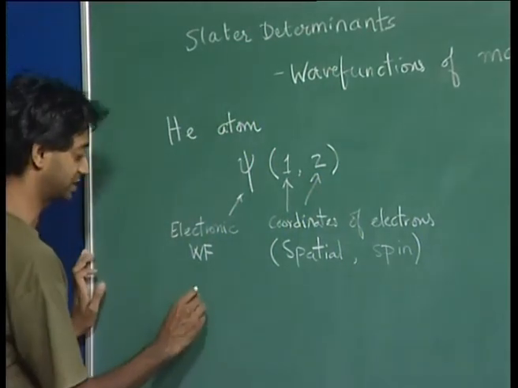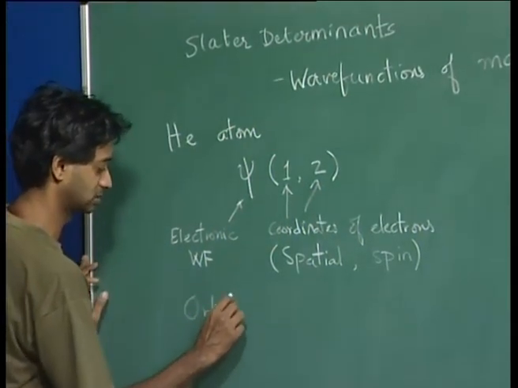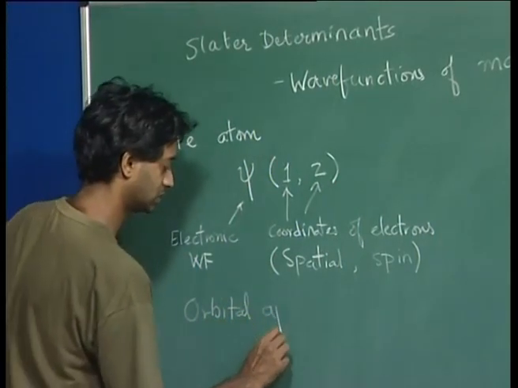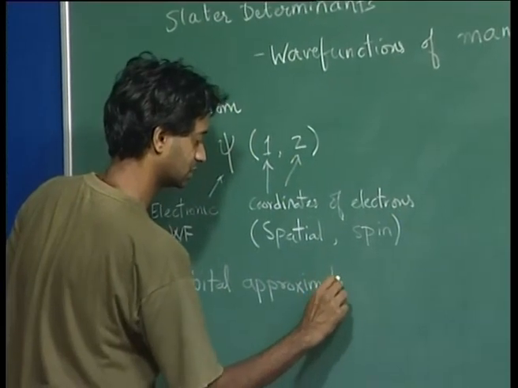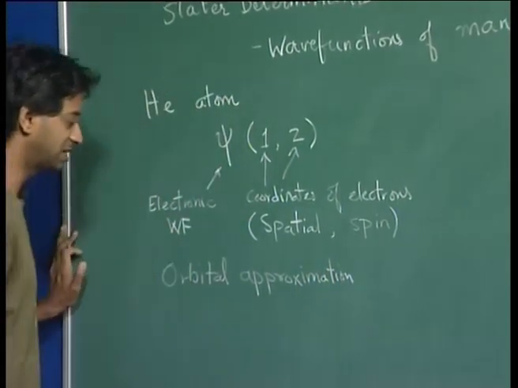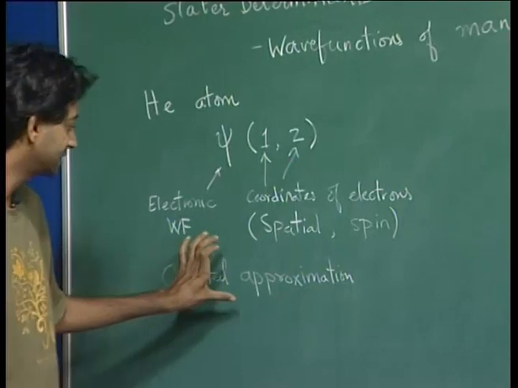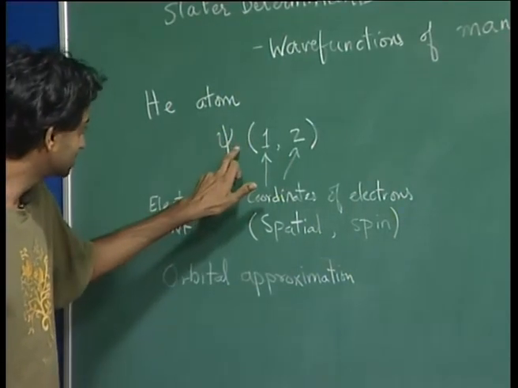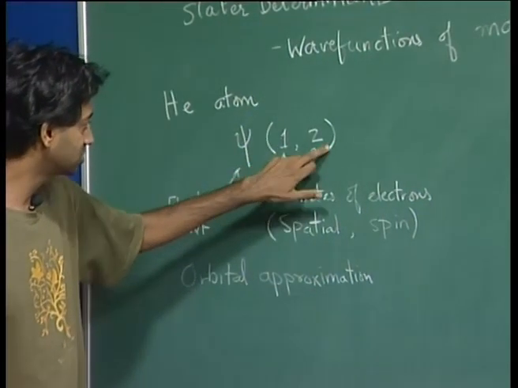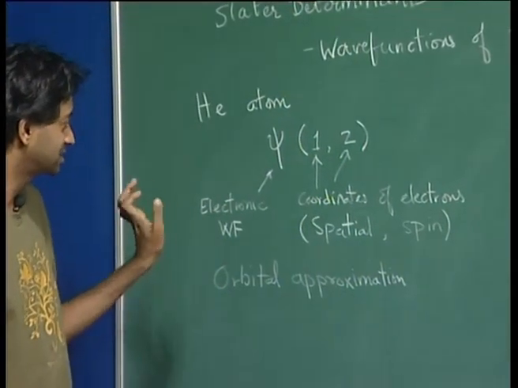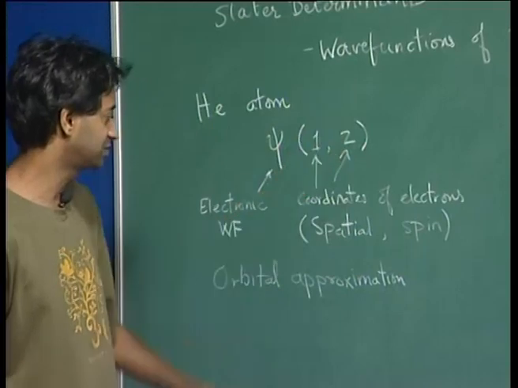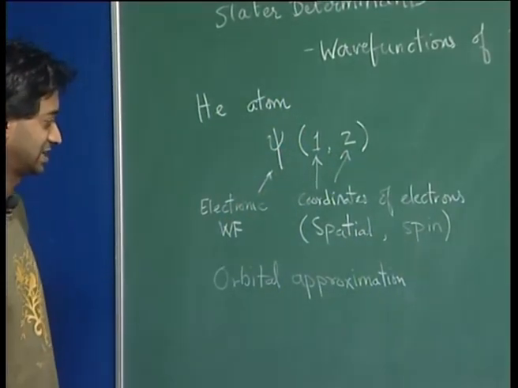Okay. So, now, in order to write the wave function of a many electron system, the first approximation that we make is called the orbital approximation. The orbital approximation consists of saying that this wave function, which is a function of both the coordinates, can be written as a product of a function of the coordinates of the first electron and a function of the coordinates of the second electron.